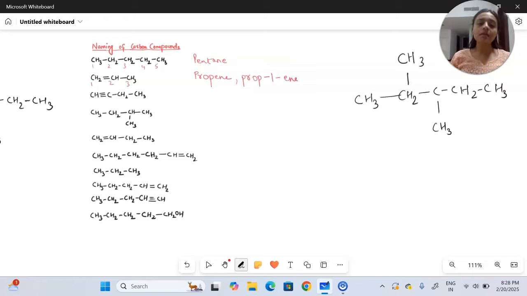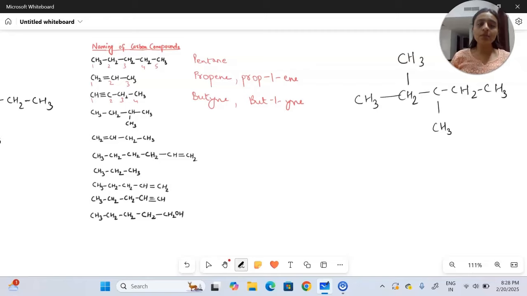Okay, now the third one, 1, 2, 3 and 4. So butane, or you can write it as but-1-yne. This is an alkyne.